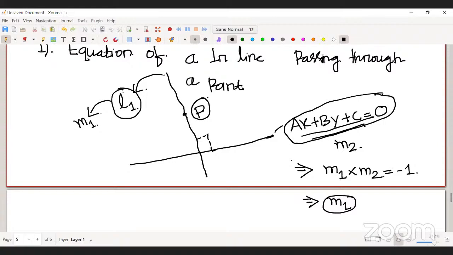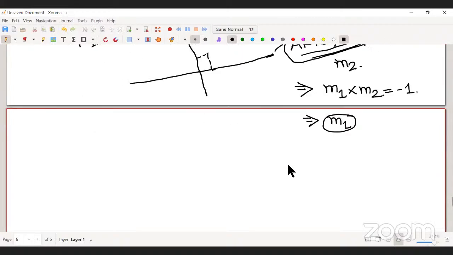Yes, sir, because you know this line L1 has slope M1 and passes through the point P. So automatically you can get the equation of L1. Sir, it might be y minus y1 is equal to m into x minus x1, right, sir? Yeah.